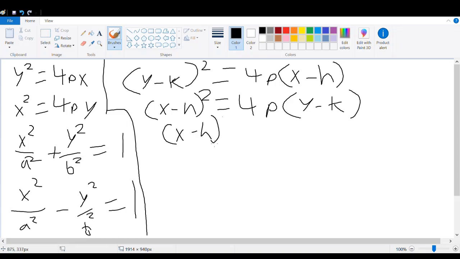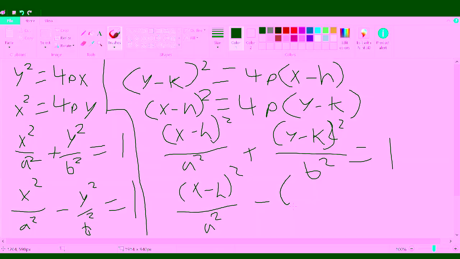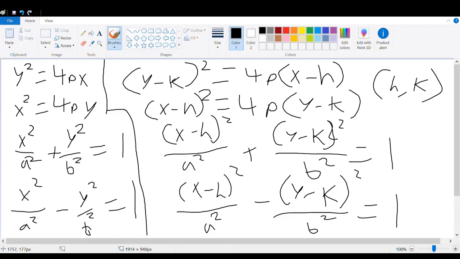Then x minus h squared over a squared plus y minus k squared over b squared equals 1, and finally x minus h squared over a squared minus y minus k squared over b squared equals 1. And then h comma k is the center.